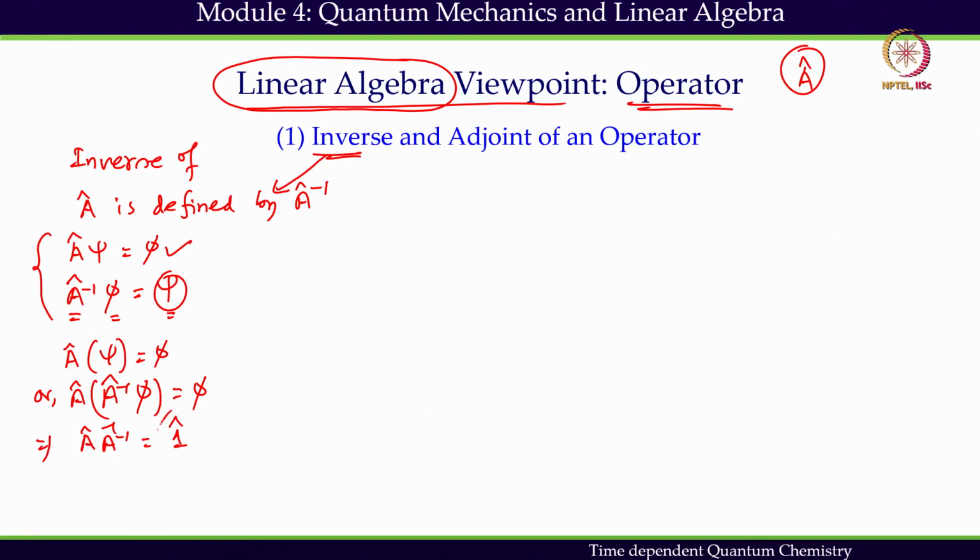So, this is an operator which suggests that you multiply by 1. This is another property of the inverse of an operator.